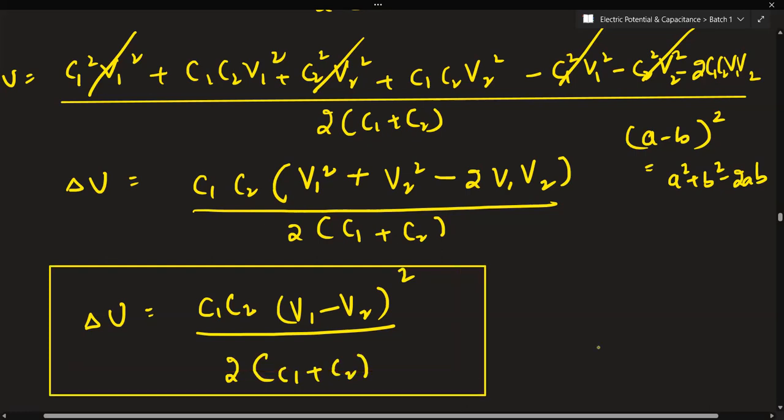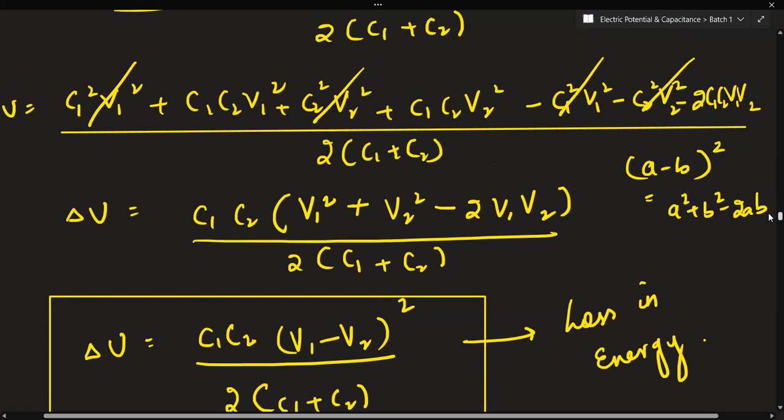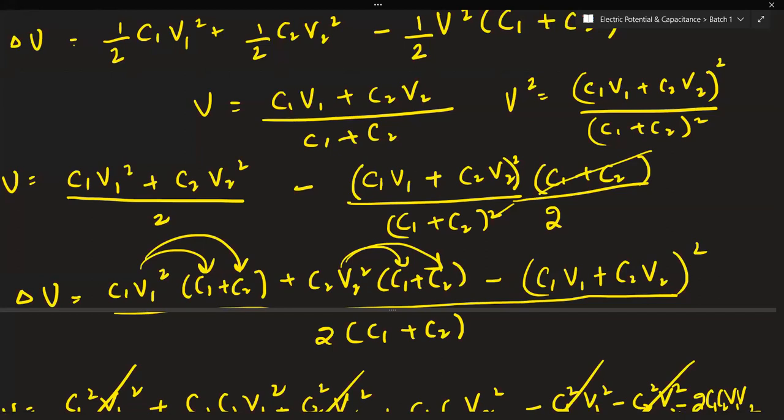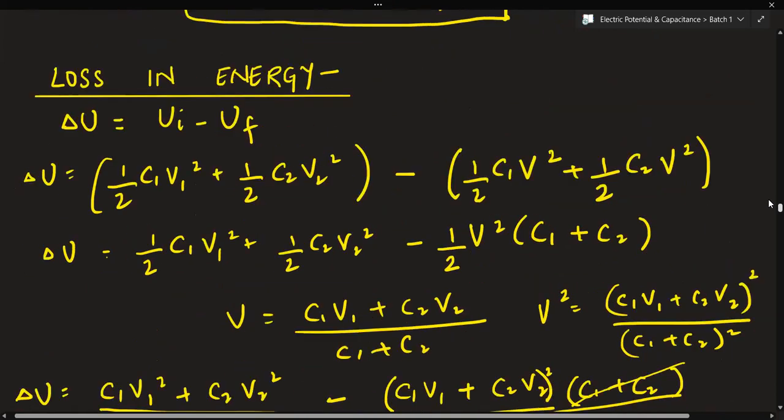This is basically the final loss of energy. But from your examination point of view, derivations also come from here. If derivations come from this portion, see how to do it.